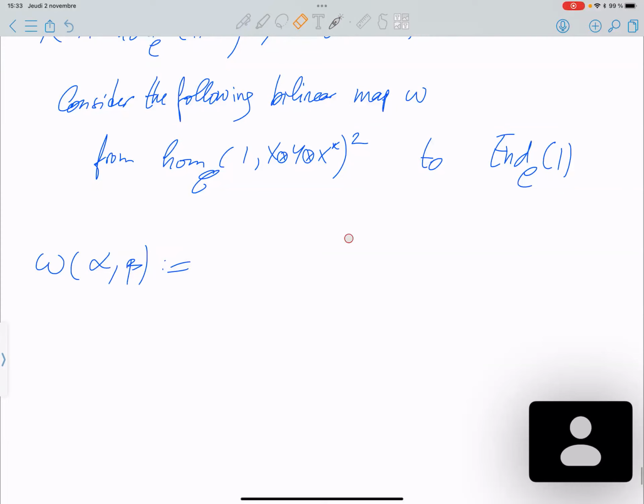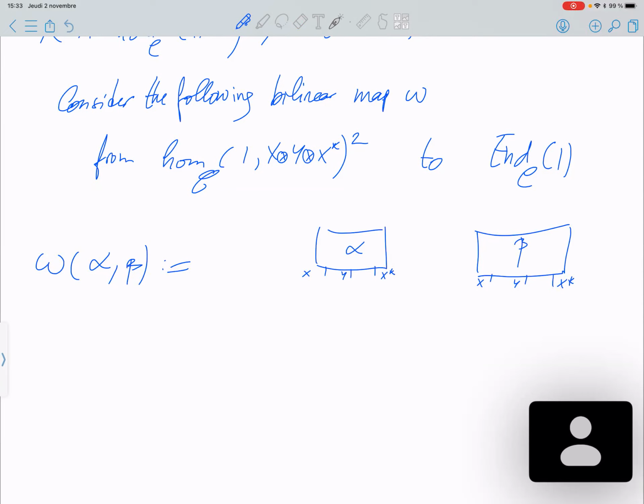You have alpha and beta in the same Hom space, with strands X, Y, X star, X, Y, X star.